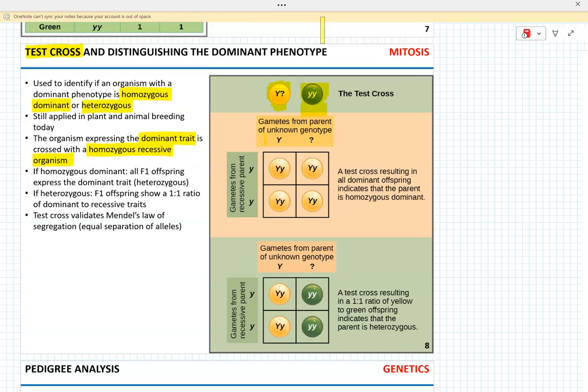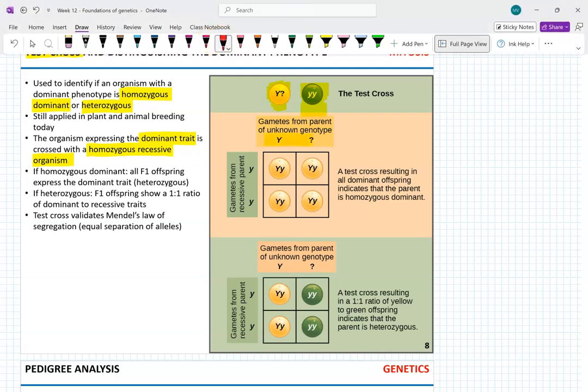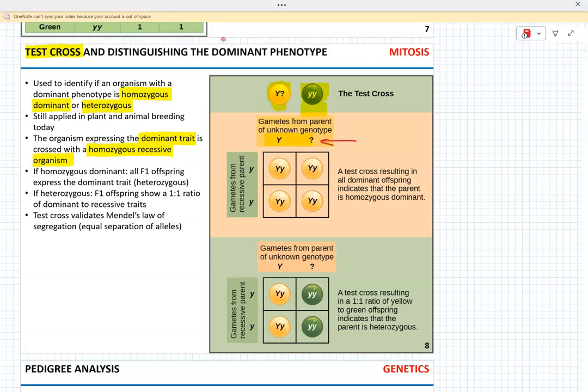So this is the unknown allele. If all organisms that are produced demonstrate the dominant phenotype, it means that this allele was uppercase Y, and therefore the parent is homozygous dominant.